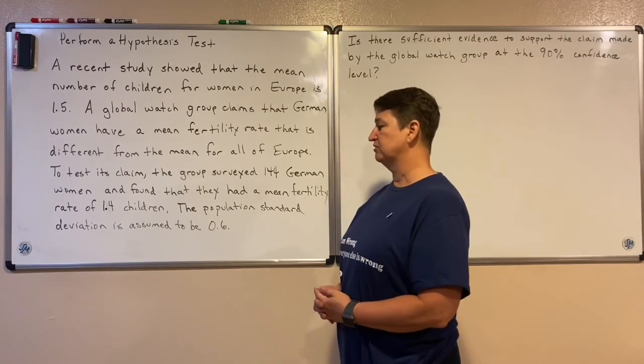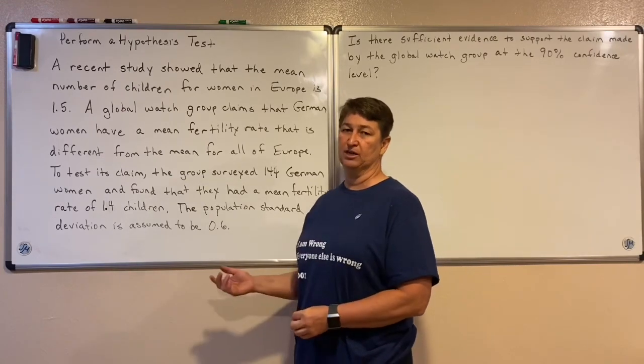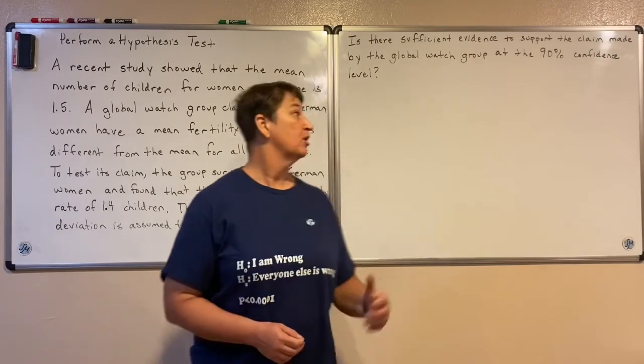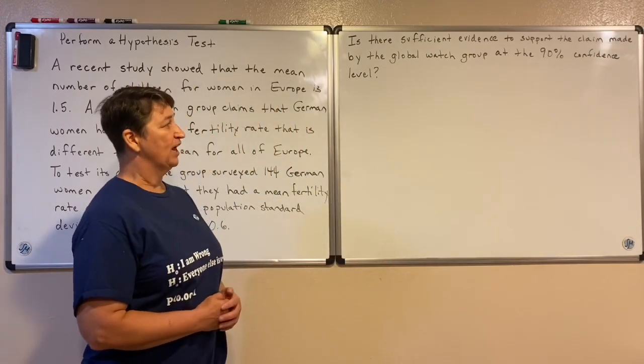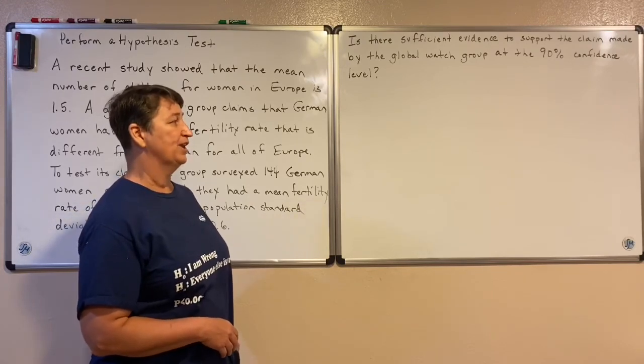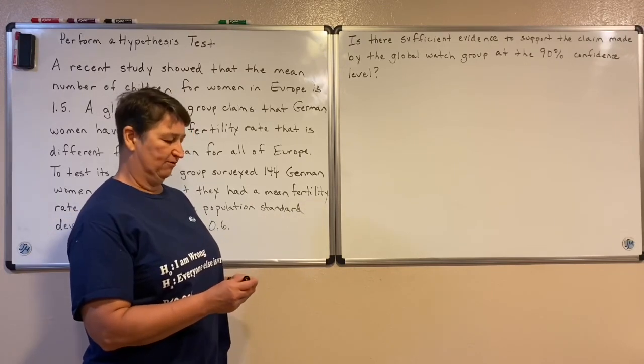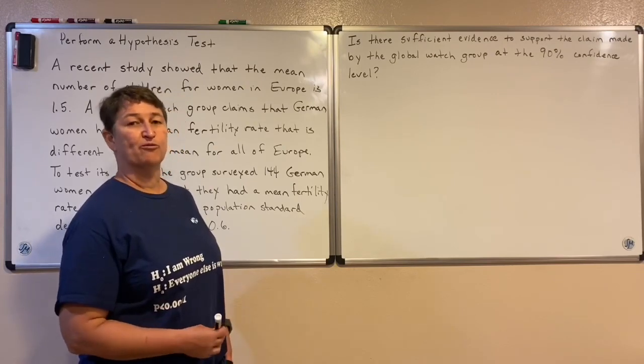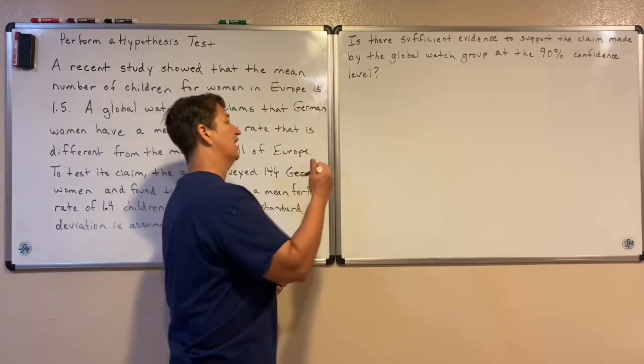The population standard deviation is assumed to be 0.6. We want to know, is there sufficient evidence to support the claim made by the Global Watch Group at the 90% confidence level?